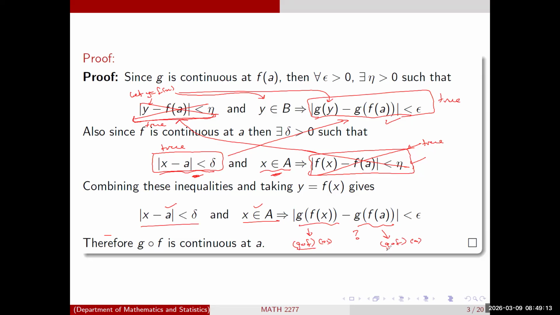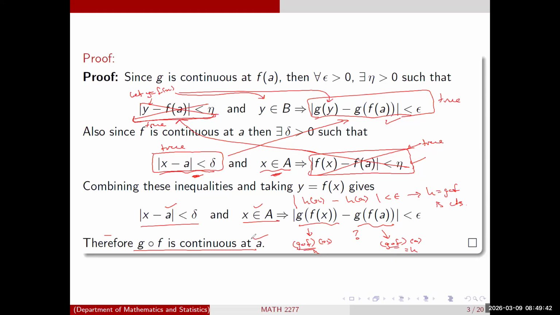Therefore, if you want to, you could replace this by h. Therefore, this is saying that the modulus of h of x minus h of a is within epsilon, which means h, which is g composed with f, is continuous. Once you have the picture and you write out the proof maybe two or three times, it becomes clear how to do it.